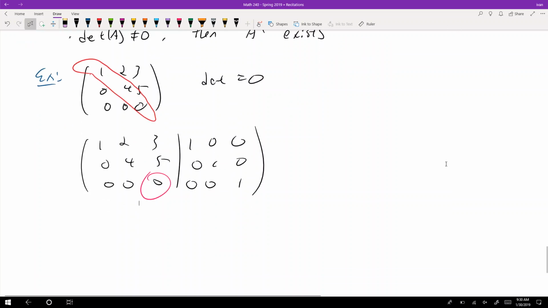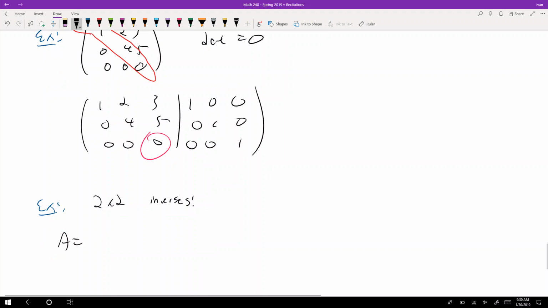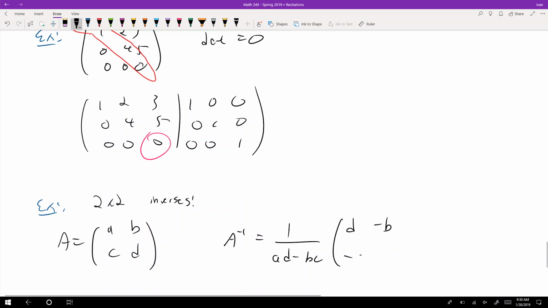Another way you can see it is by using the 2 by 2 inverse example. In class, in lecture, you showed that if A was [A, B; C, D], then A inverse would be 1 over AD minus BC times [D, negative B; negative C, A]. That should look familiar. That's the 2 by 2 inverse trick. Well, what is AD minus BC?